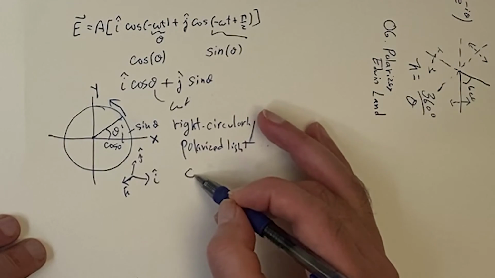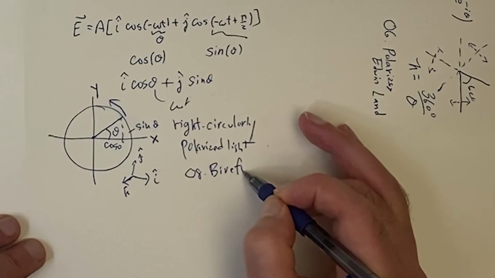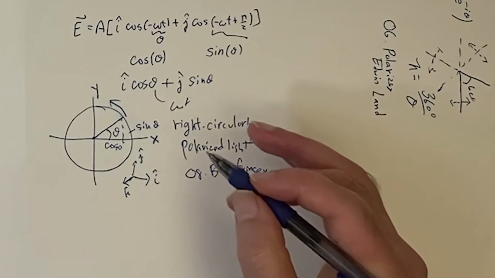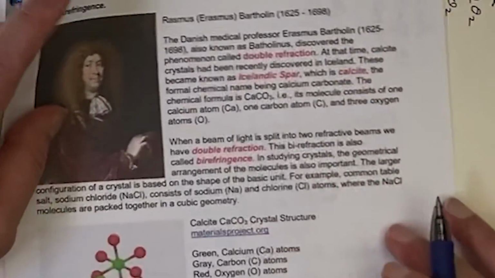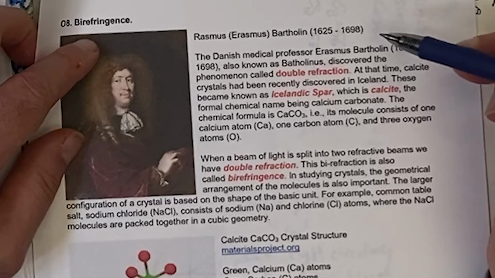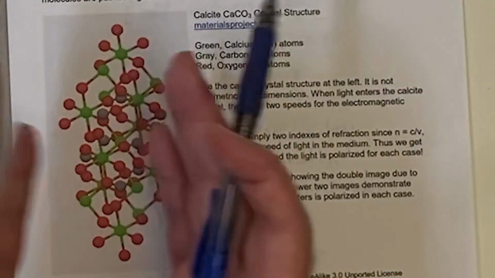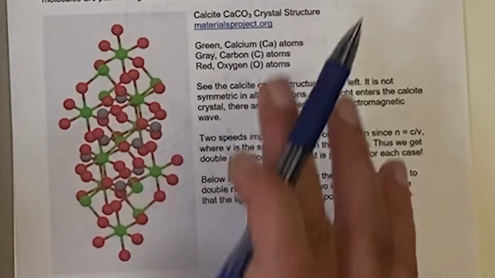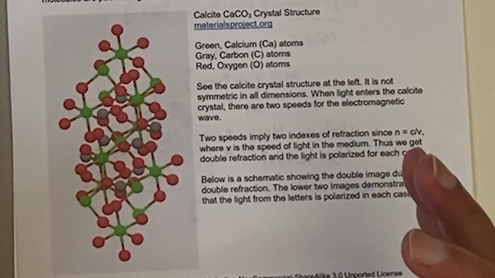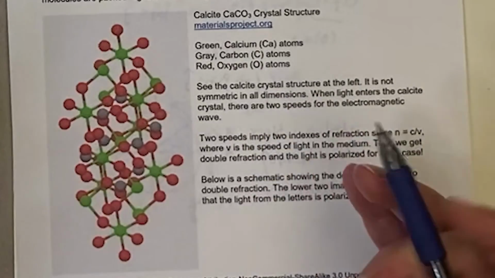And then we go to 08, birefringence. And birefringence, this is Bartholin discovering, back in the 1600s, where they had discovered calcite. Calcite structure is not the same, does not look the same in all directions, like some simpler cubic structure.